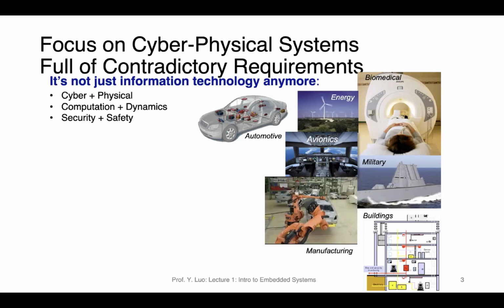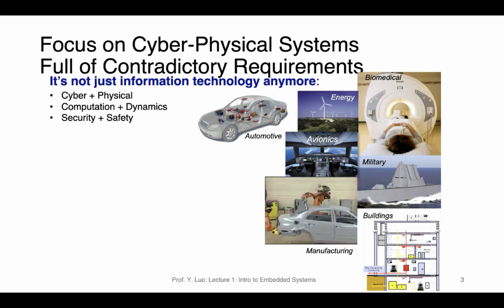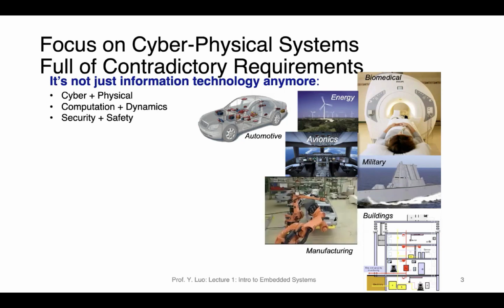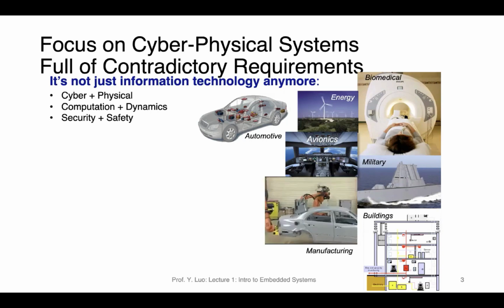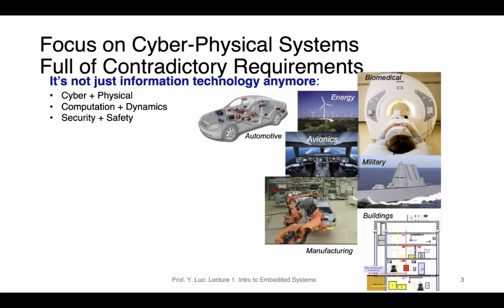Other situations, for example manufacturing. As you can see, these two robotic arms are trying to do something with the body of a new car. You can expect this kind of machines, mechanics, and electronic systems in a modern car factory.